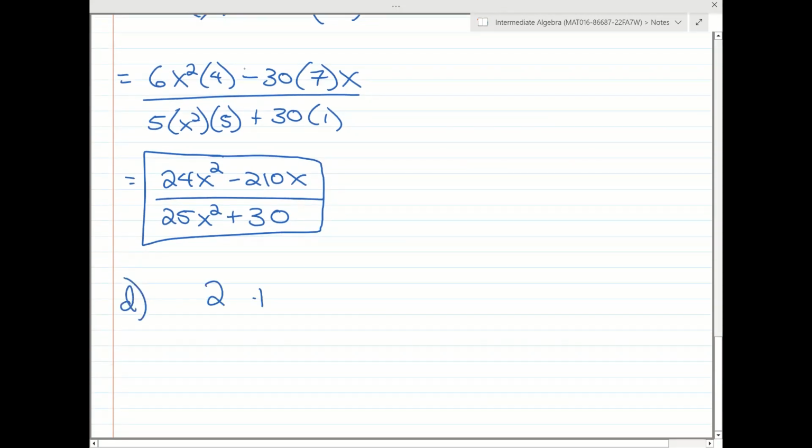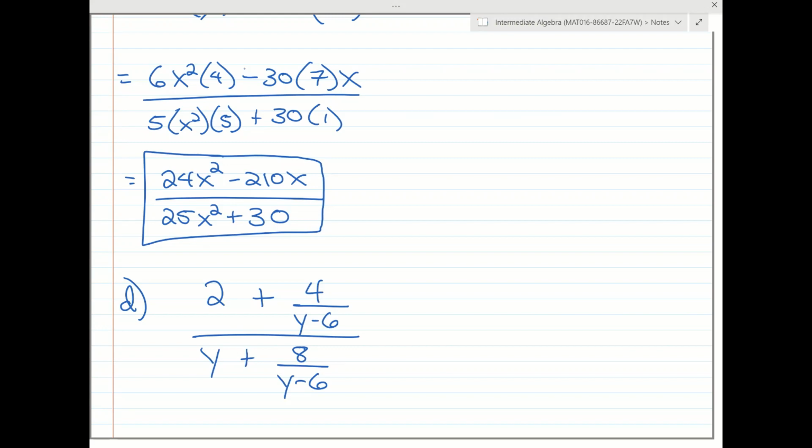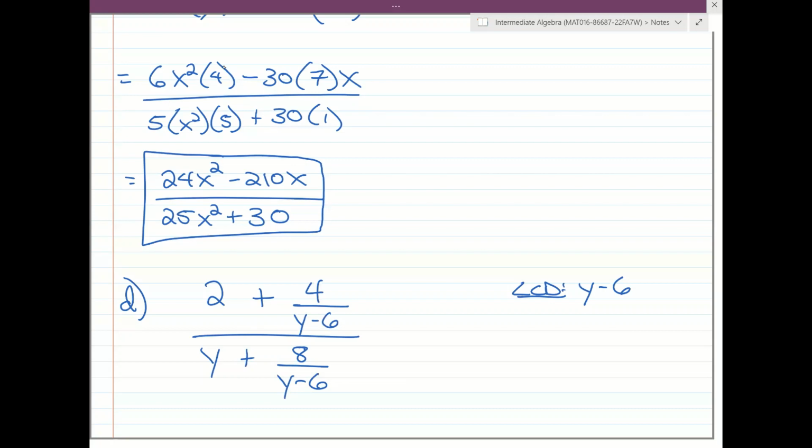Next, let's try 2 plus 4 over y minus 6 divided by y plus 8 over y minus 6. The LCD here would just be y minus 6, so we're going to multiply everything on top and on the bottom by that.